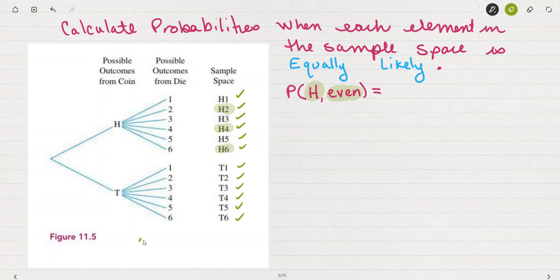I knew that because there were 2 ways to flip a coin, 6 ways to roll the die, and 2 times 6 equals 12.